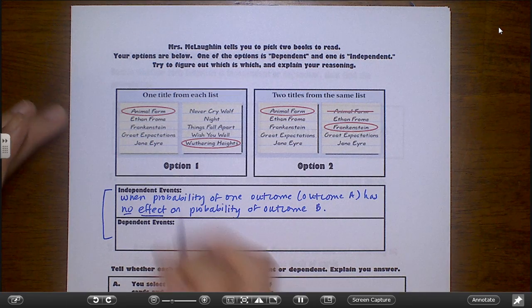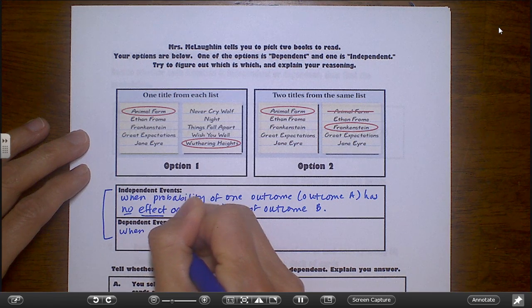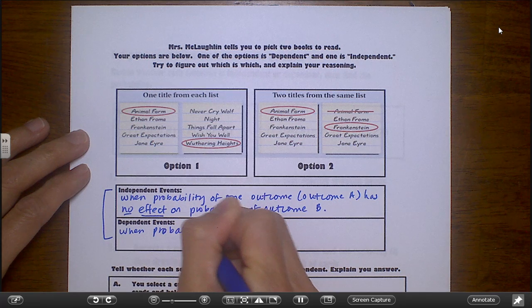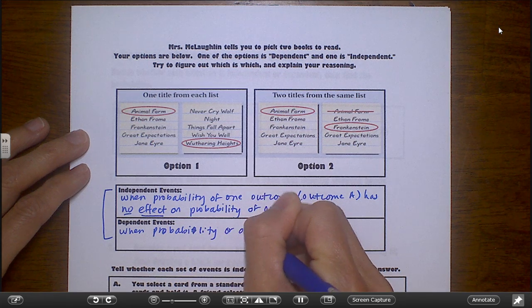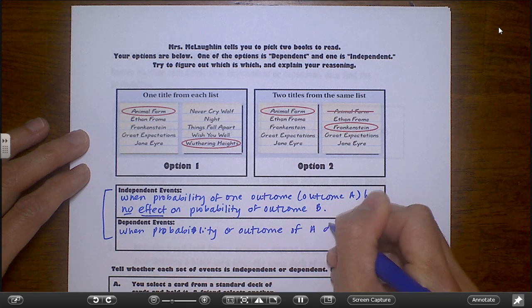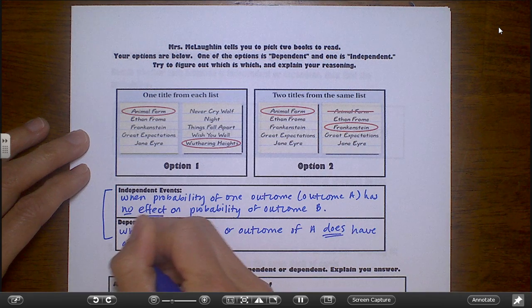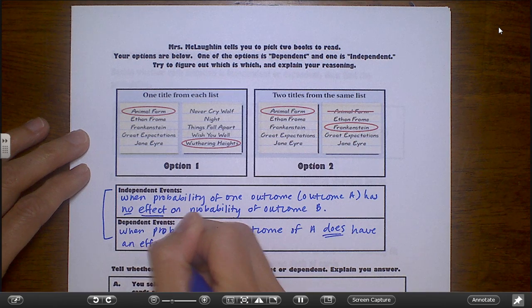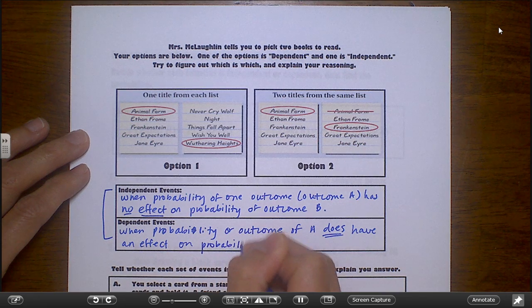Dependent events is the opposite. It is when the outcome, I should say, of A does, in fact, have an effect on the probability of outcome B.